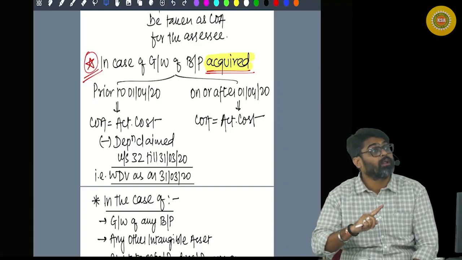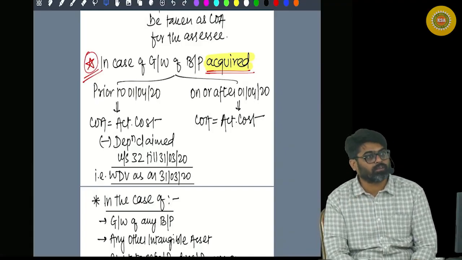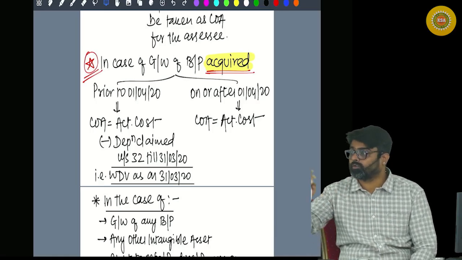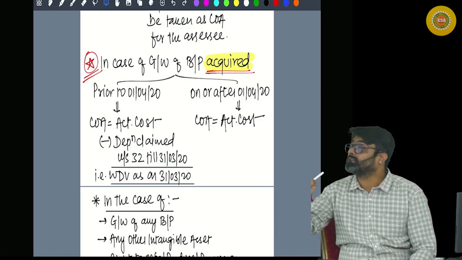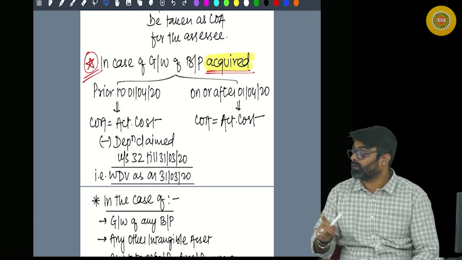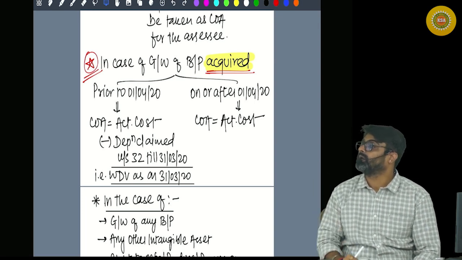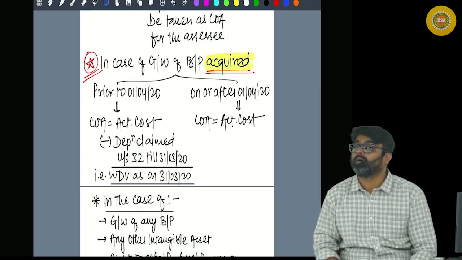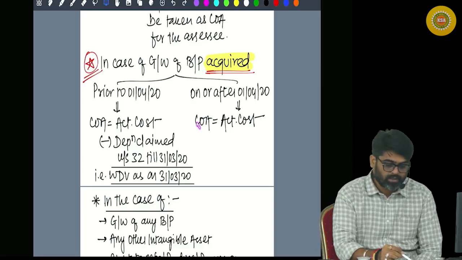Is it goodwill which you have acquired for the purpose of your business or profession? Yes. When did you acquire? On or after 1st April 2020. The entire cost of that goodwill you are going to claim under the head capital gains. Whenever you transfer that goodwill, what cost of acquisition will you take?